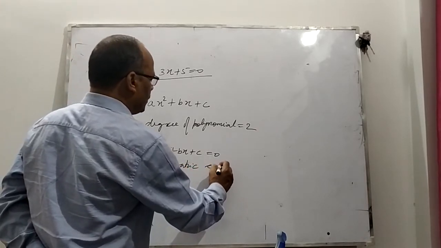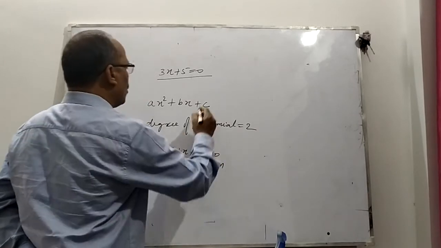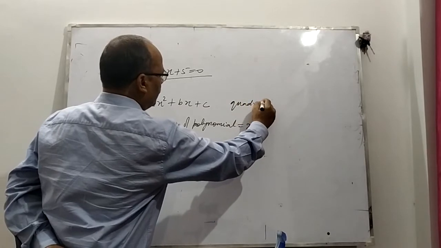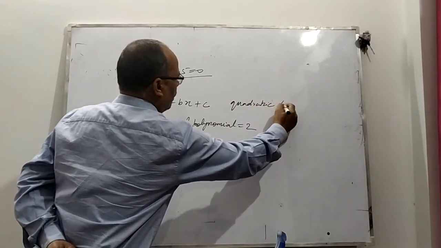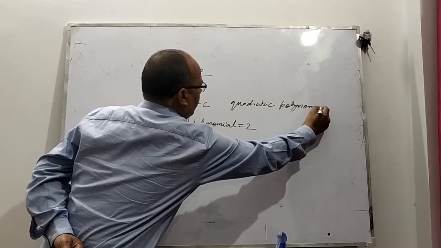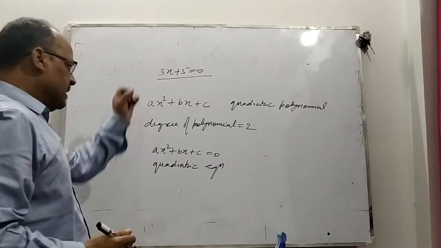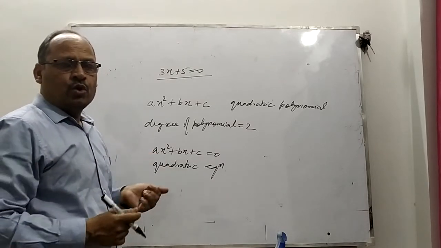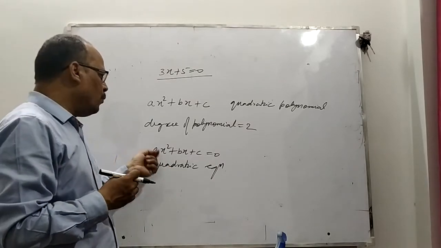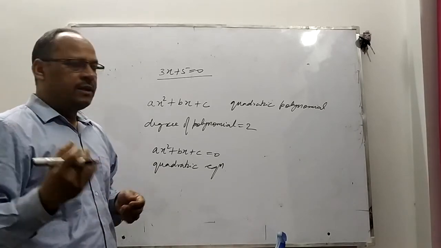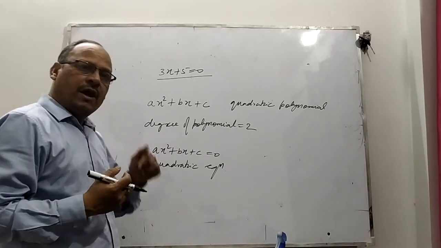Quadratic equation. Or ax square plus bx plus c is known as the quadratic polynomial. You will see in this equation the degree of polynomial is 2, so it has 2 values of x. If the degree of polynomial is 3, then it has 3 values of x.